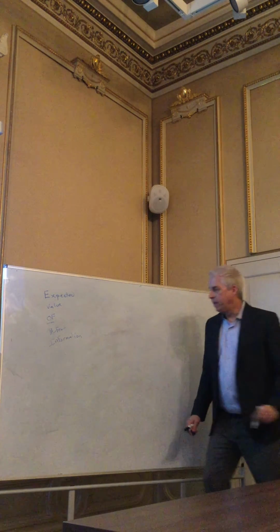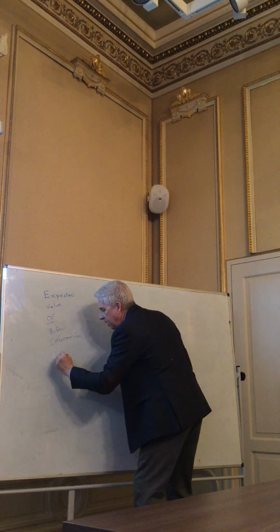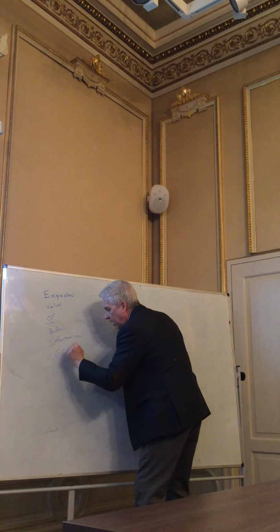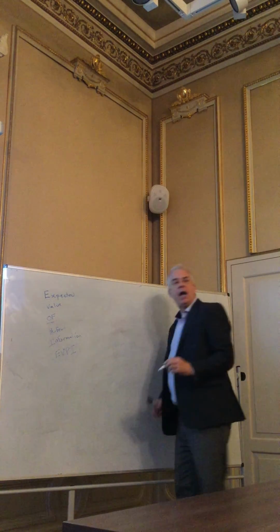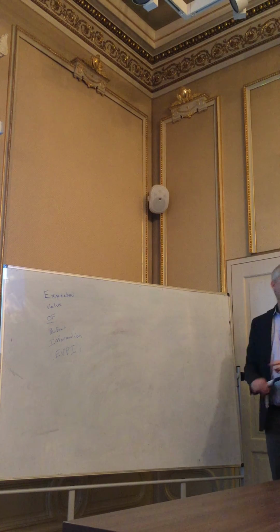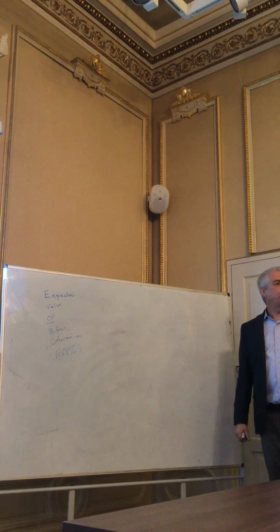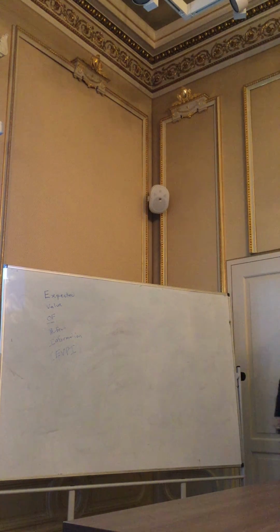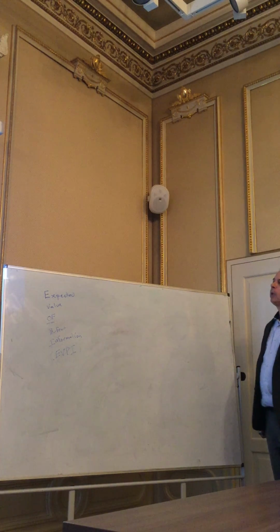So one way to think of this, EVPI, is how much would you pay a consultant to know exactly what's going to happen? Okay? How much would you pay a crystal ball to figure out exactly what's going to happen?